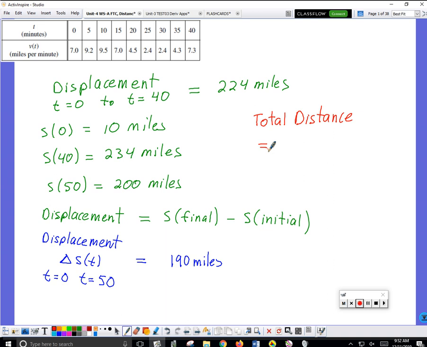Calculators are allowed in this unit, by the way, so if you want to have your calculator out, it's fine. Calculators are allowed in this unit. What is my total distance traveled? Talk to each other, get more hands up. Come on.